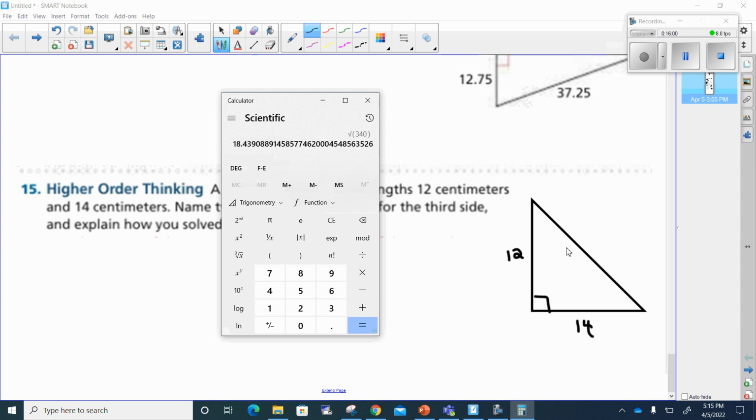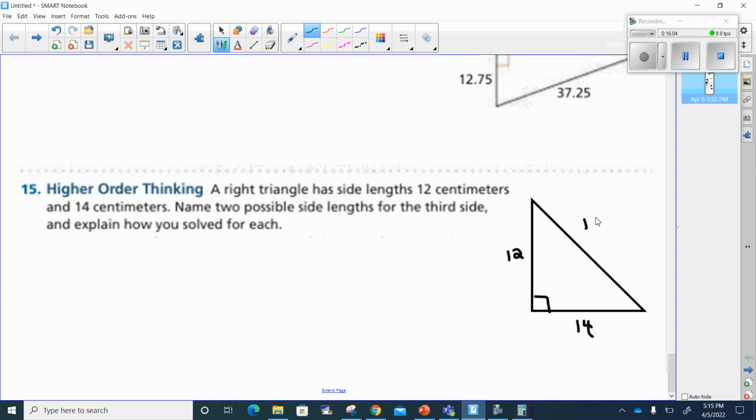Okay? So the hypotenuse could be 18.4. That's one possible answer. When I say one possible answer, it's because without saying which ones are the legs, it is possible that one of these numbers is a hypotenuse.